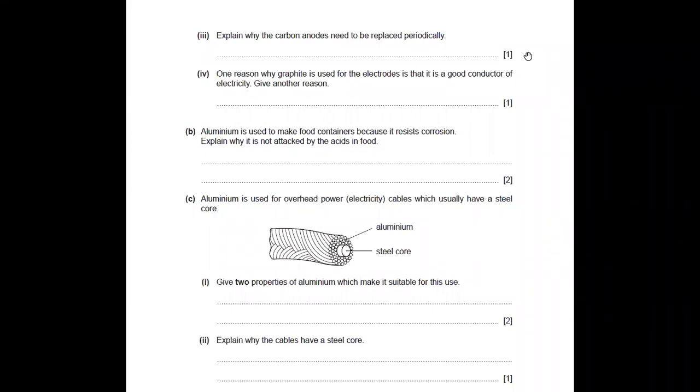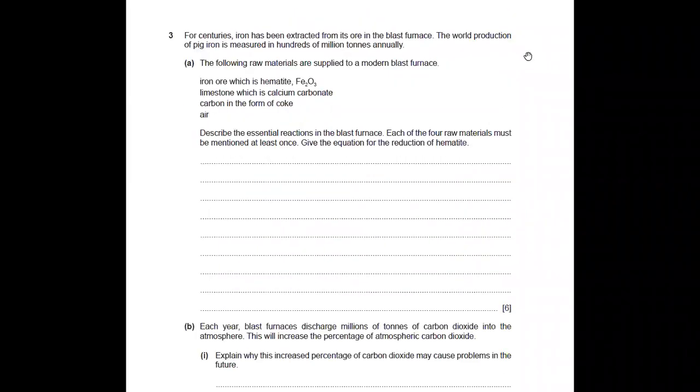So we need to replace them periodically. Okay. What about part 4? Because it's unreactive. Yeah, good job. It is non-reactive, and another reason you can possibly give is that it is cheap.